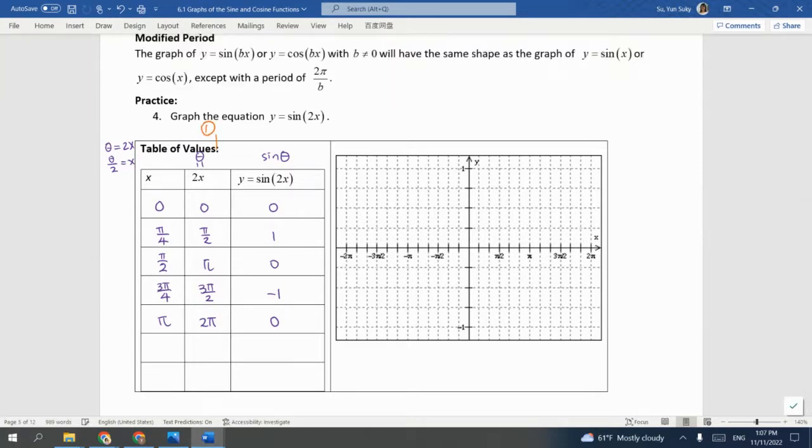First step, you do the theta column. That's your step 1. Step 2, you do the sine theta column. And then step 3, figure out what's the x. And then last step, plot the points and connect them smoothly.